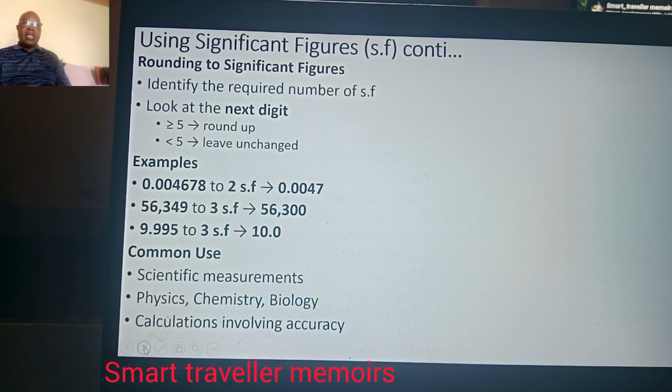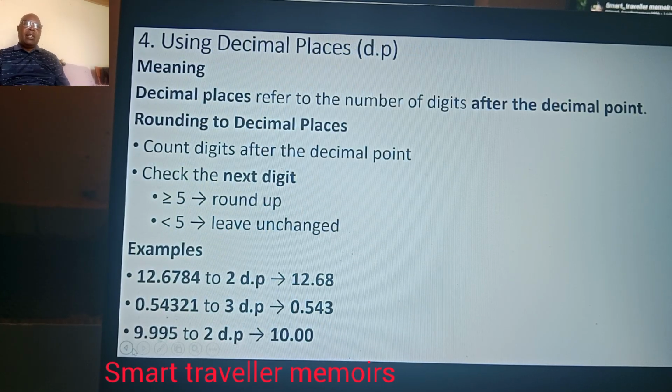Again, 56,349 to 3 significant figures is 56,300. And 9.995 to 3 significant figures is 10.0. Common use: scientific measurements, physics, chemistry, and biology, and calculations involving accuracy.